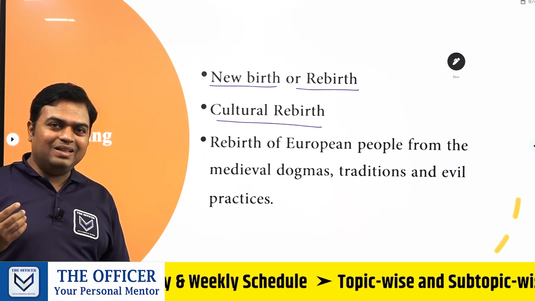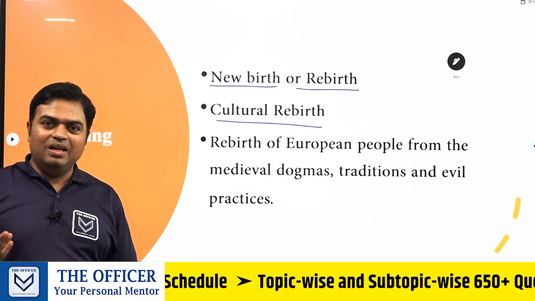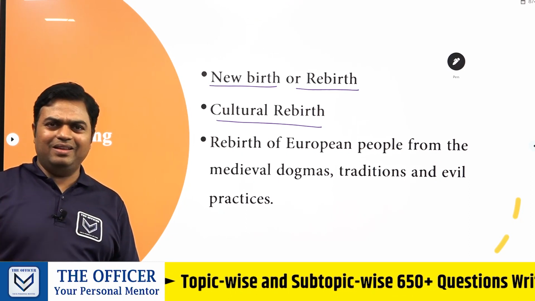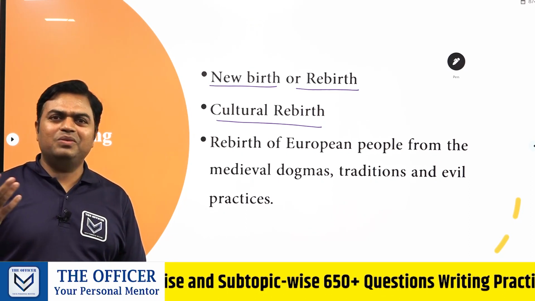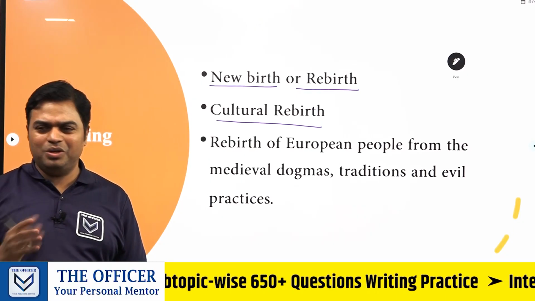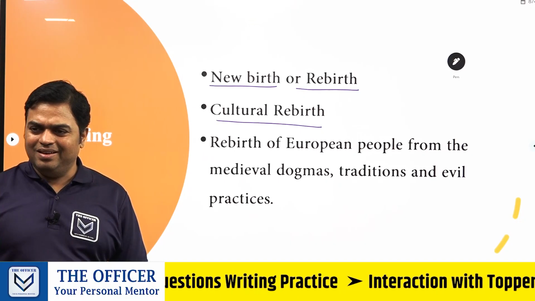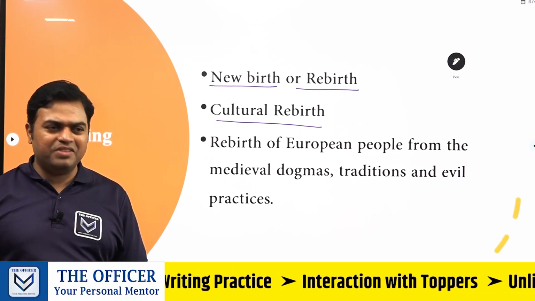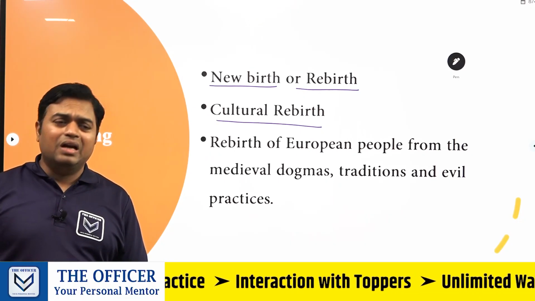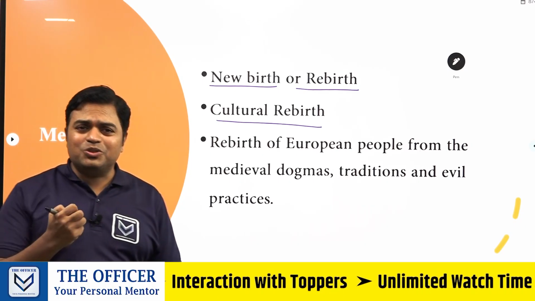Now, during the medieval time, religion was leading the way. Religion was directing people how to live their lives. Religion was literally commanding, monopolizing everything. Even the king lost his sovereign power.